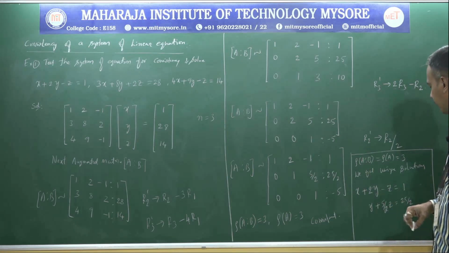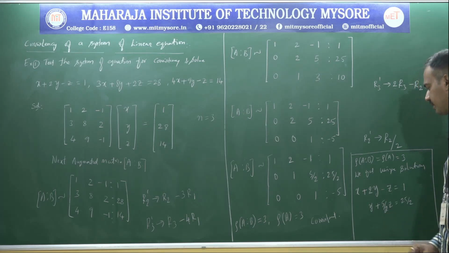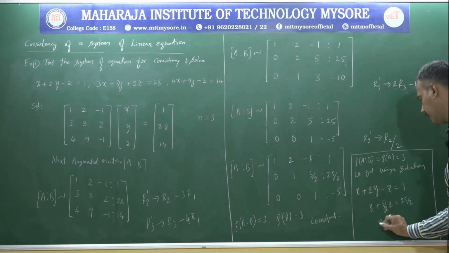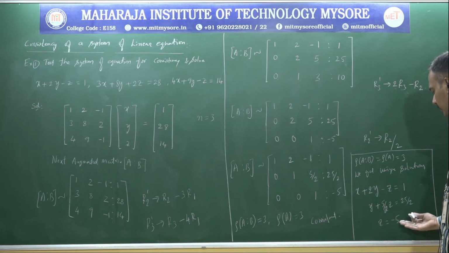Then, after simplification, z is equal to minus 5, which is already available here.